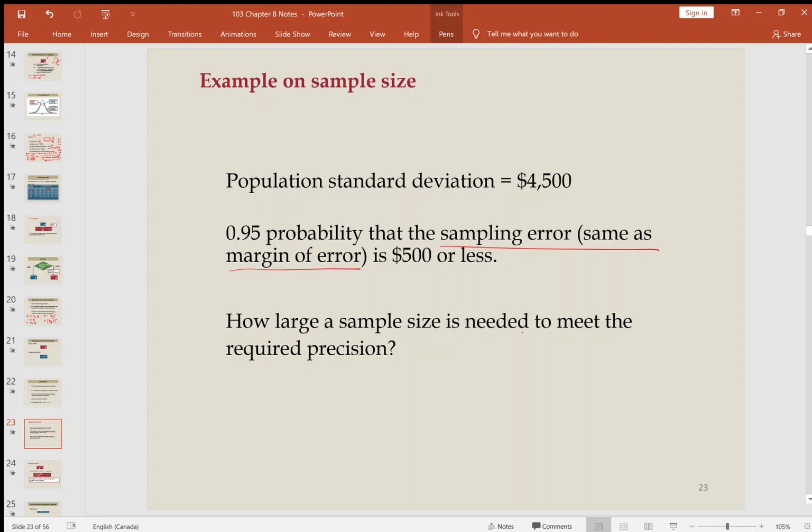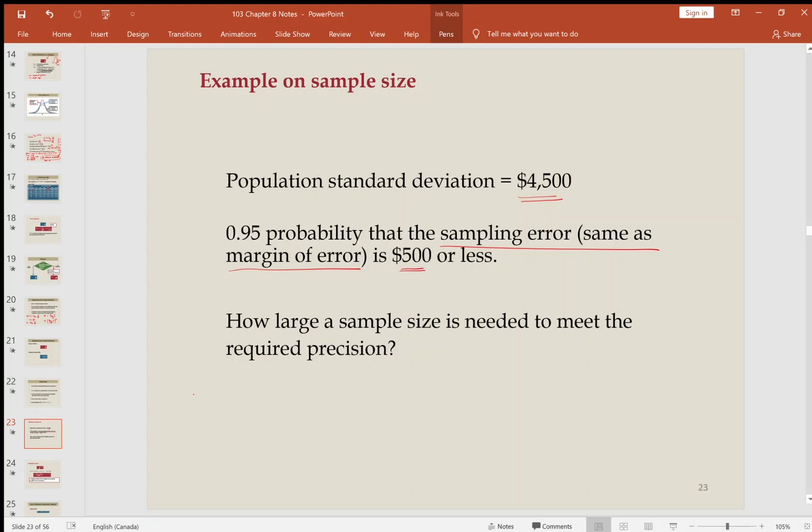How large a sample size is needed to meet the required precision? Say, for example, you're trying to do a study and want to find out how big your sample size should be. You know that the standard deviation in incomes for this city is 4,500, and you want your margin of error to be 500 or less.